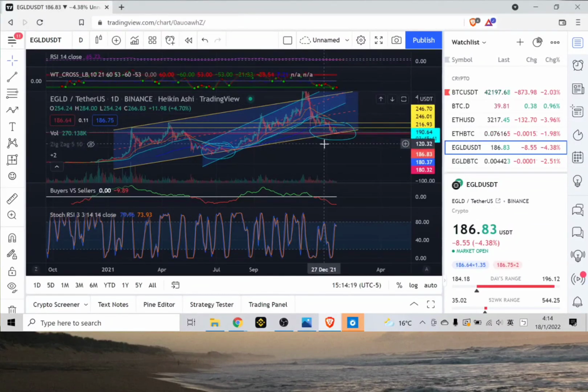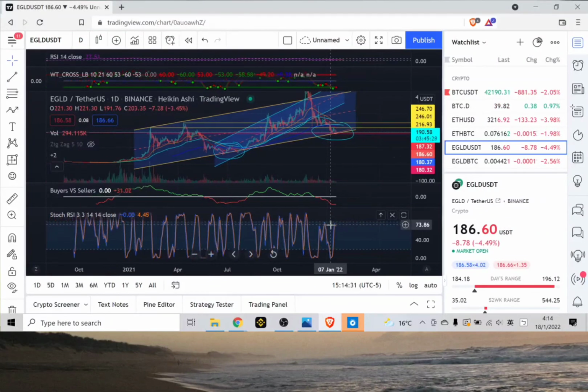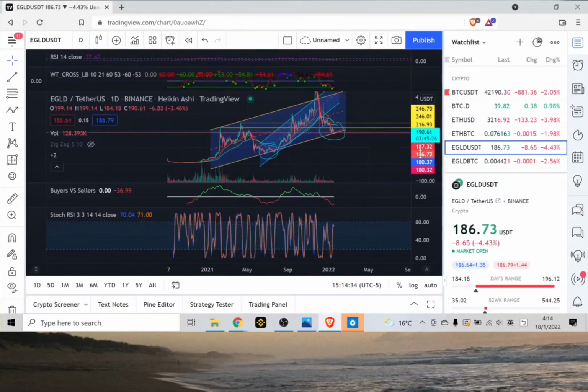So it's bullish, and then we can see the stochastic RSI. We also have a lower high here, which means we are probably about to reverse the bearish momentum and flip bullish again.